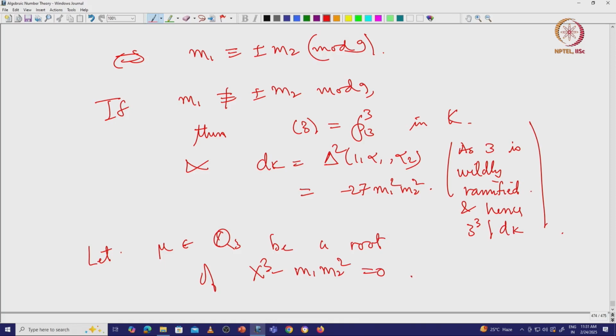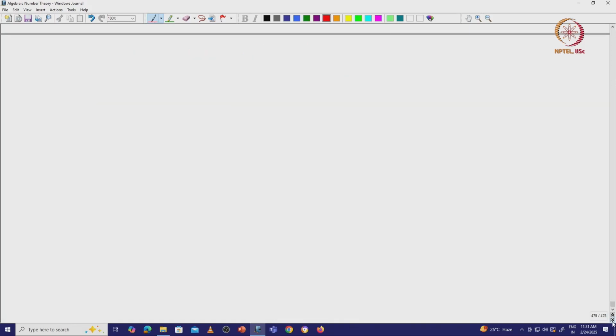Then we can write this as follows: (alpha 1 minus mu)(alpha 1 squared plus mu alpha 1 plus mu squared) equal to 0 in Q3. So what is alpha 1 squared? We computed this earlier.